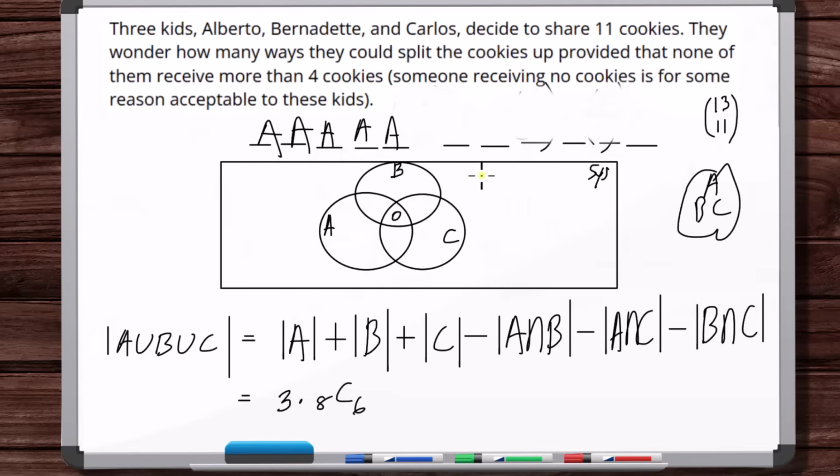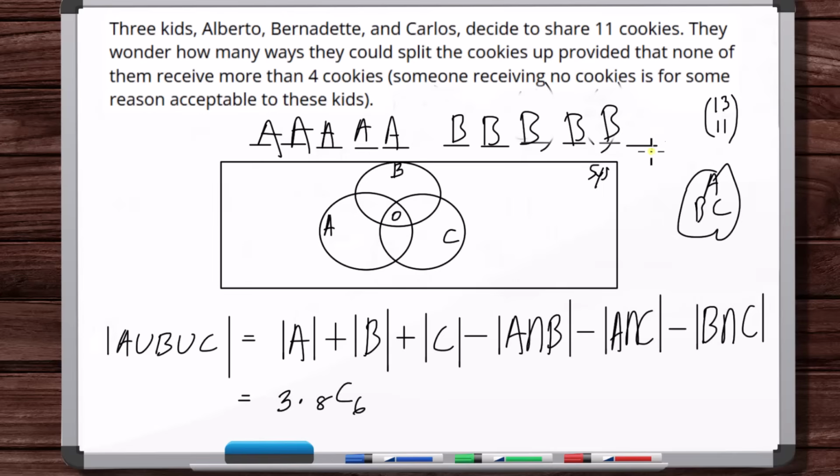So what if now Alberto and Bernadette have 5 or more cookies? Well, you might wonder, don't we have to count if maybe the 5 Bernadette cookies go first and the 5 Alberto cookies go second? No, this is one outcome where Alberto has 5, Bernadette has 5. It doesn't matter how they're mixed, right?